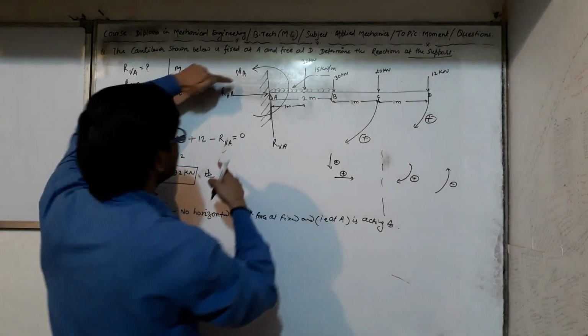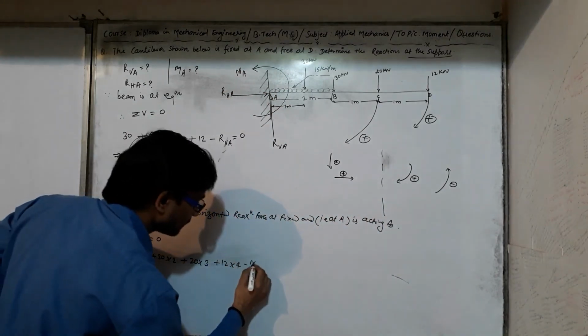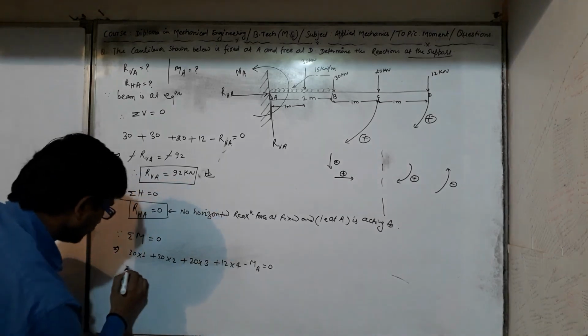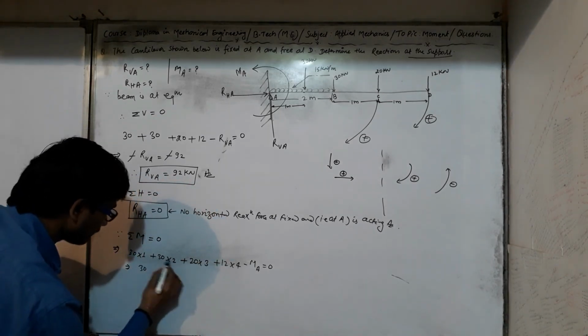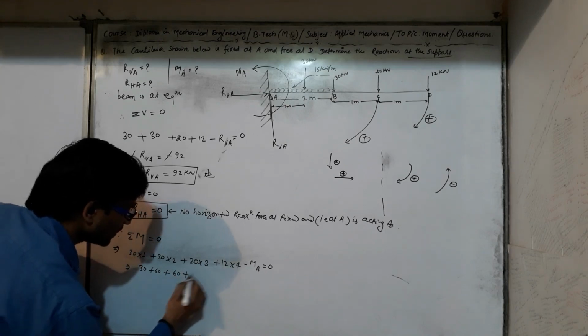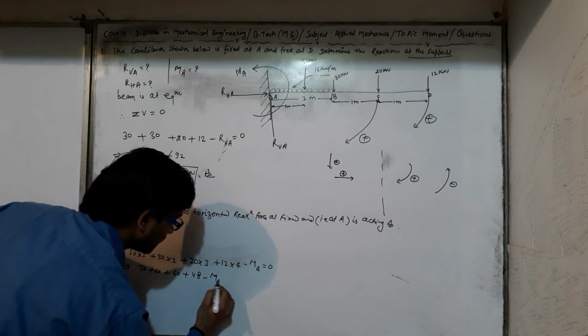And anti-clockwise moment we are taking negative, minus moment at point A is equal to 0. Or we can say 30 into 1 is 30, plus 60, plus 20 into 3 is 60, plus 12 into 4 is 48, minus moment at A is equal to 0.